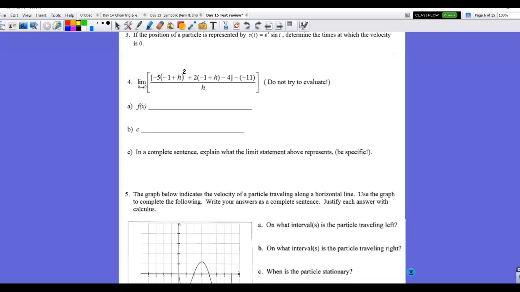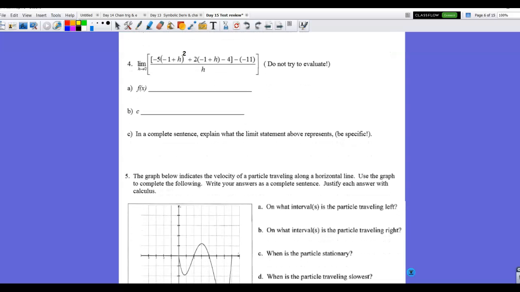In the next problem, number 4, I think I'm probably looking at a derivative, but I'm not real sure. I hope I don't get tricked here. So this looks to me to be of the form limit as h approaches 0 of, and it looks point specific. Do you see what I see?